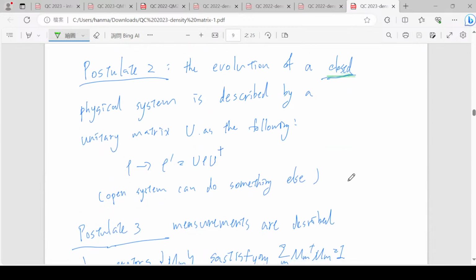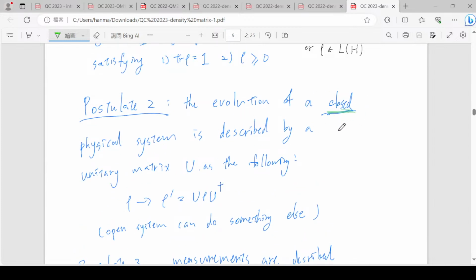But the evolution we write here is only for the closed physical system, described by U. As we showed before, the evolution takes rho to some rho prime equal to U rho U dagger. Before, with the ket vector we just had a U, but now we also have a bra at the end, so we need to add this U dagger. Open systems will do something else, and that is out of the scope of the class.